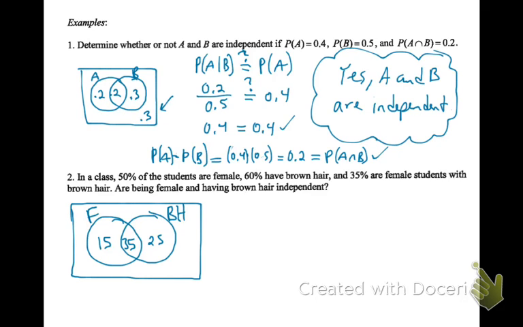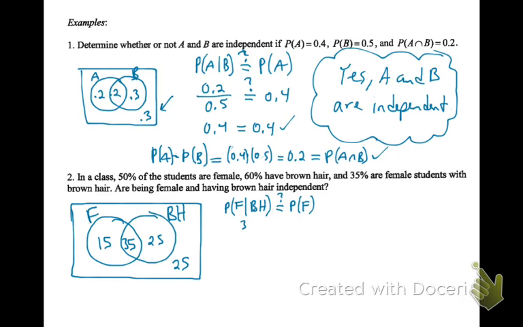Let's add this up. So I have a total of 75, it looks like, so I have to have another 25% outside. So you want to know, are the events being female and having brown hair independent of each other? So let's test that out. We want to see, is the probability of being female, given that they have brown hair, the same as the probability of being female?